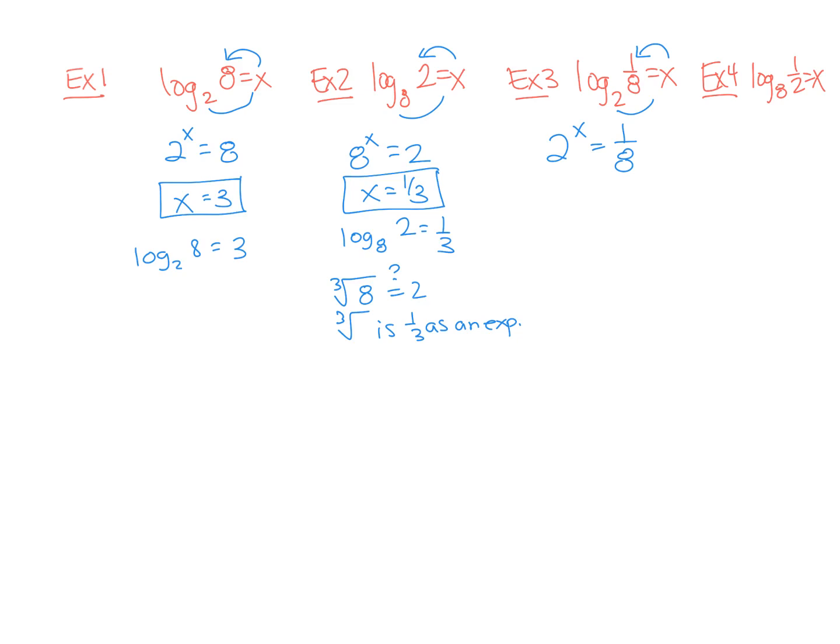I mean, 2 to the third is 8. I'm thinking about this in my head, but we want it in the denominator. So I'm going to think about 2 to the negative 3, because that would make it 1 over 2 to the positive 3. That would make my 8 in the denominator. So on this problem, it looks like my exponent is negative 3. That is the answer.